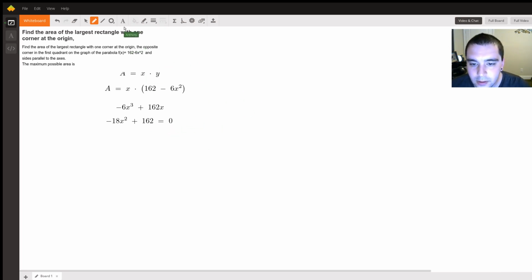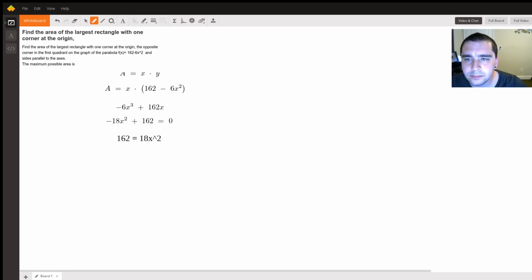Moving the negative 18x squared over, we have 162 equals 18x squared.